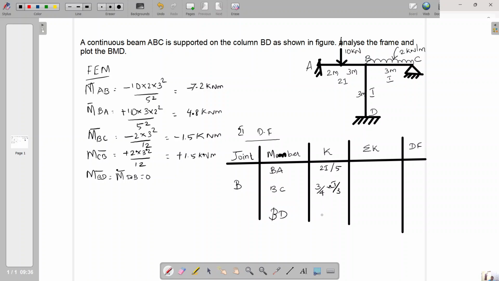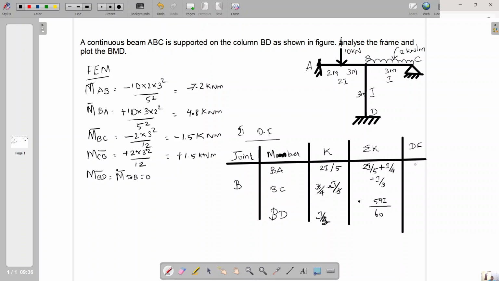BD, the far end is fixed, so I by L, where L is 3 meter. So the summation of K is 2I by 5 plus I by 4 plus I by 3, which leads to 59I by 60.